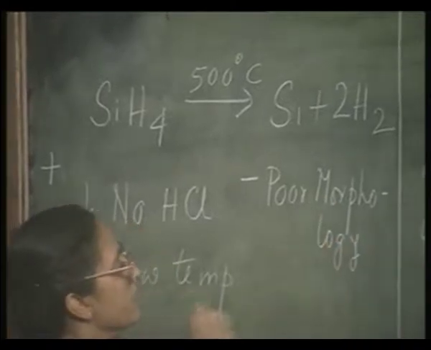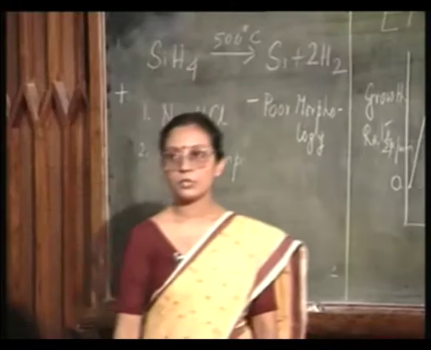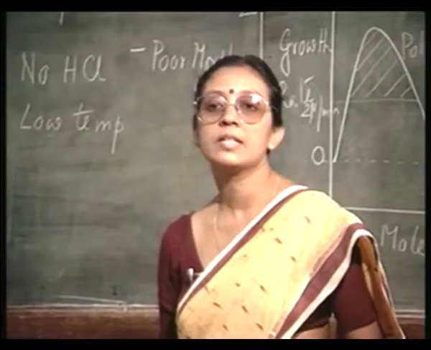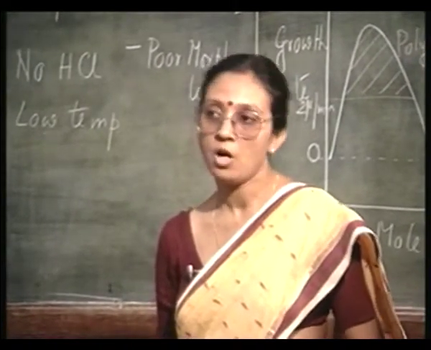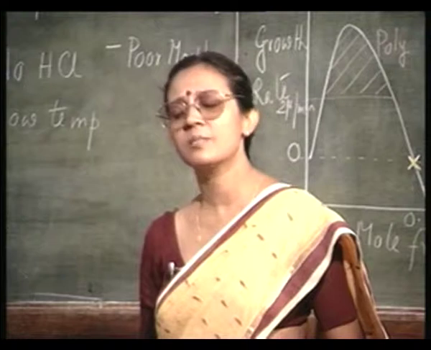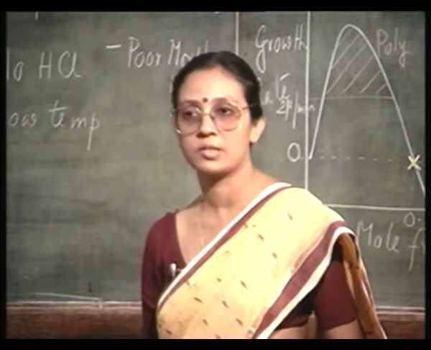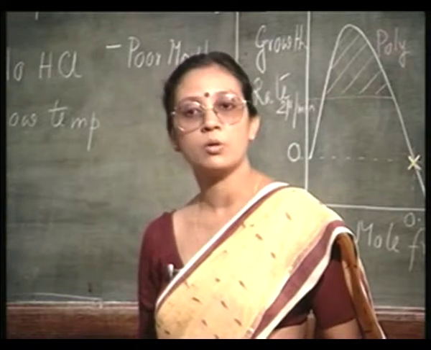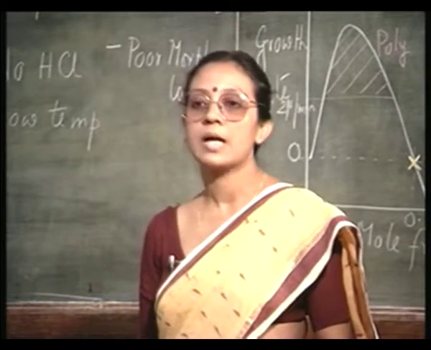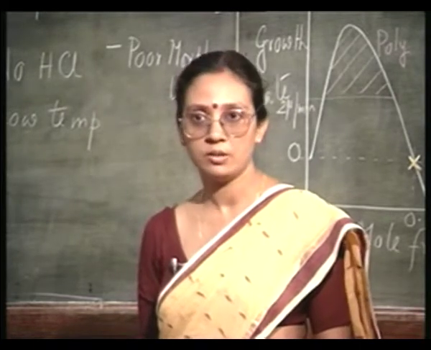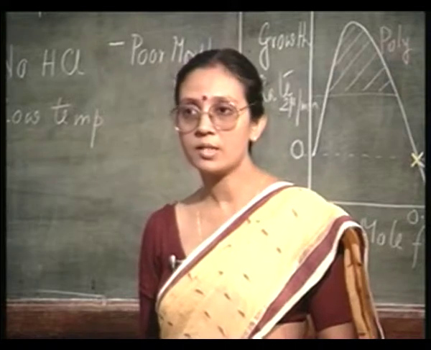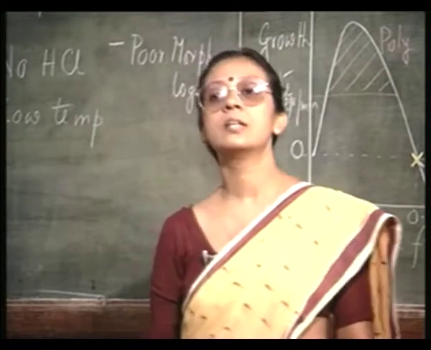And I told you that one major advantage of silicon tetrachloride was that it is relatively insensitive to trace amounts of oxygen. All those who have ever worked in a high vacuum system will know that it is extremely difficult to really get rid of oxygen. Trace amounts of oxygen will always be present, it is extremely difficult to remove. So, if your reaction is very sensitive to the presence of oxygen, it becomes that much more difficult to attain quality control. So, silicon tetrachloride had a major advantage that it is relatively insensitive.